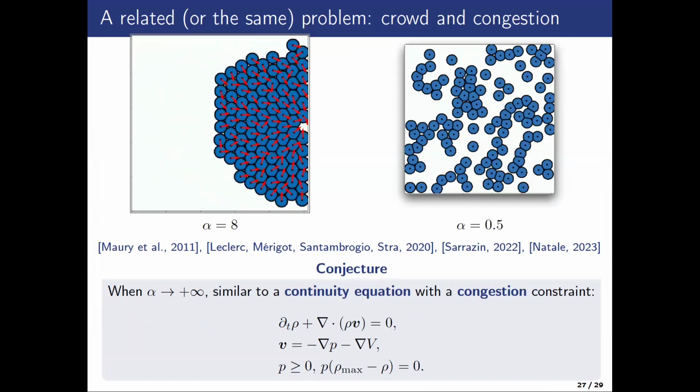Maybe, yes, but somehow it's a very finite size effect, so it depends a lot. For a given room, a given number of people and a given volume of people, there is probably an alpha for these people.